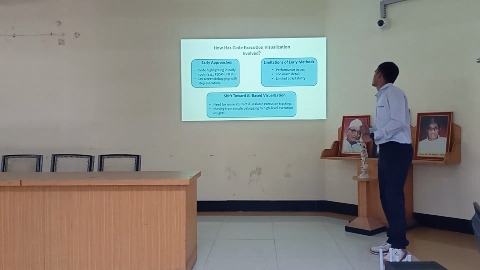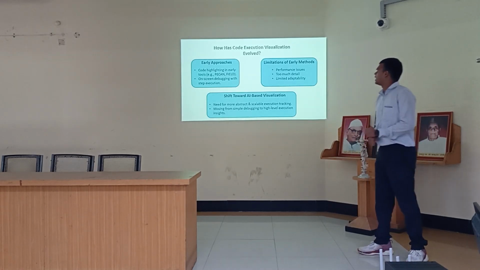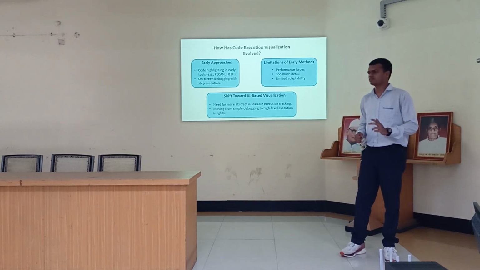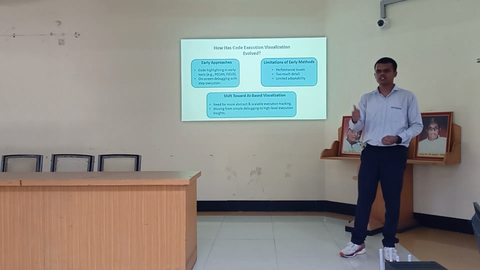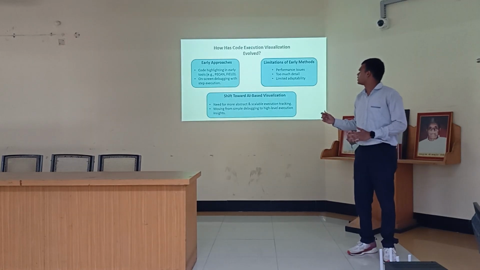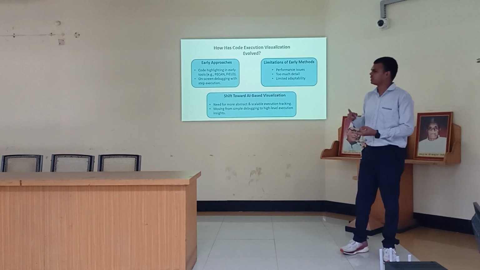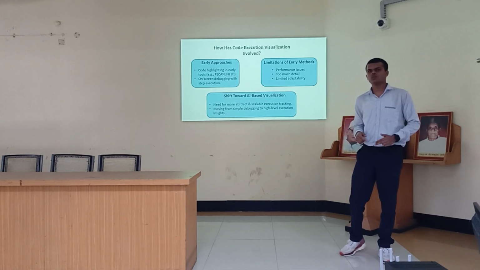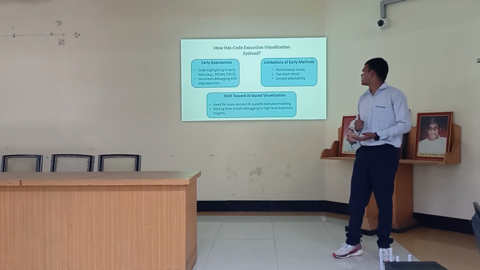So how has code execution visualization evolved? Early approaches in earlier times, like given in that 2006 research paper I provided, there were different tools like Pagan and Garden, where Pagan used to highlight the code parts that are being executed while the output was shown.